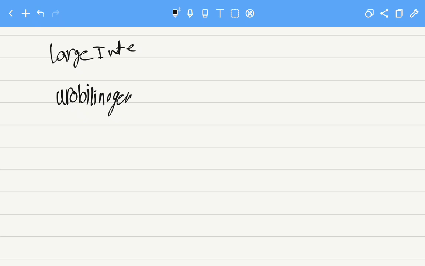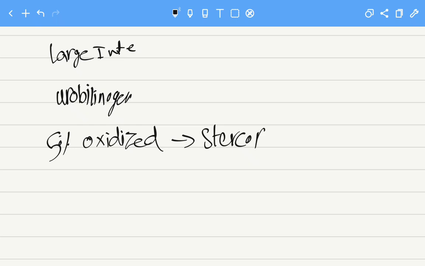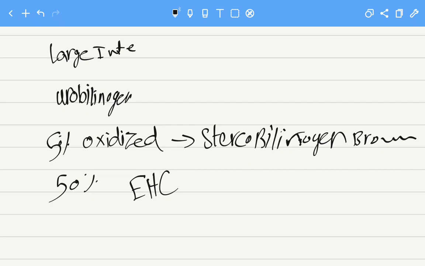This is the gut flora. 50% are oxidized by bacteria forming stercobilinogen, which is brown in color, while 50% are reabsorbed again into the enterohepatic circulation.